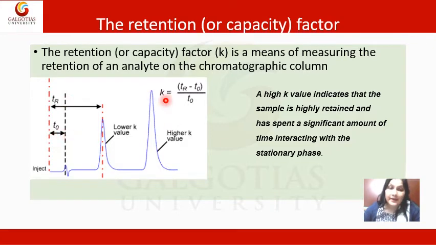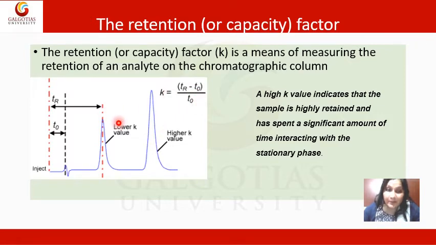So here k can be written as Tr minus T naught by T naught. If Tr is greater, then your k will also be greater. Suppose in a chromatographic system you are getting T naught as 1 minute and Tr as 10 minutes. So what will be the k value? 10 minus 1 by 1.